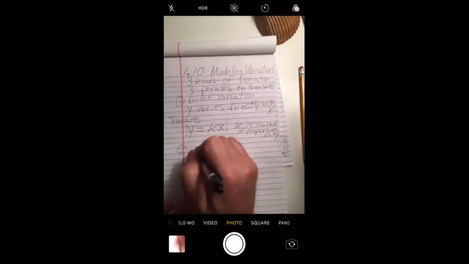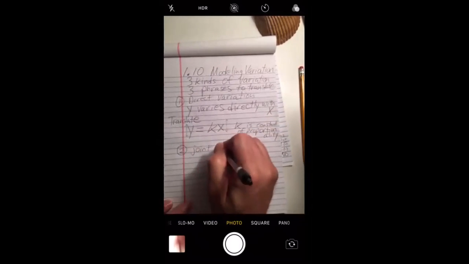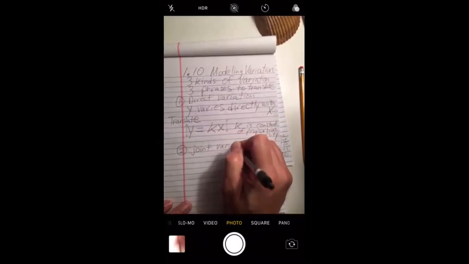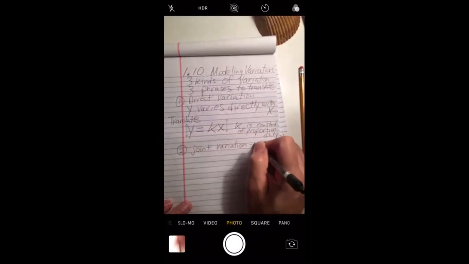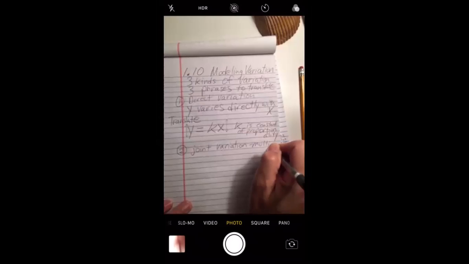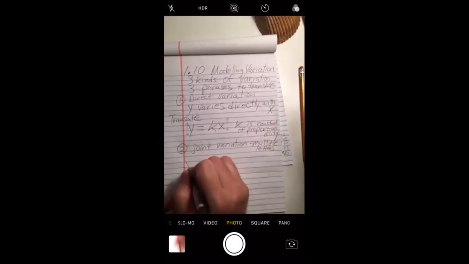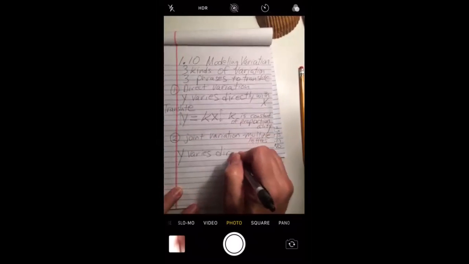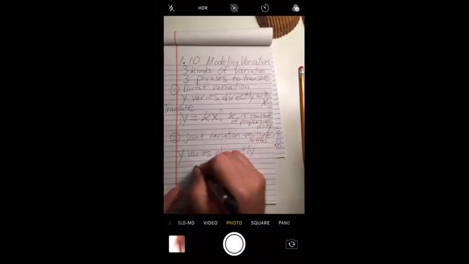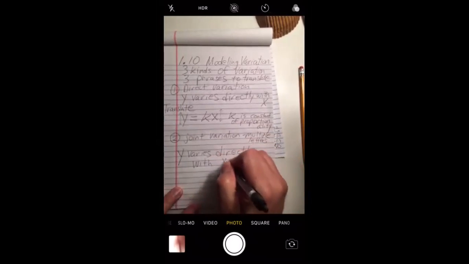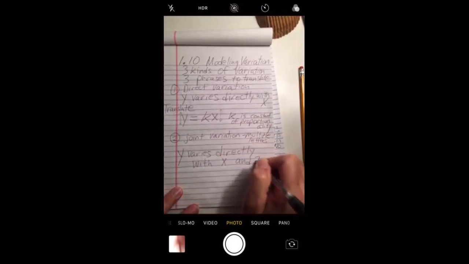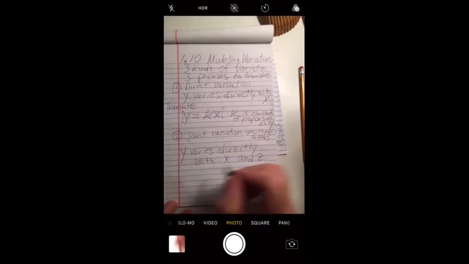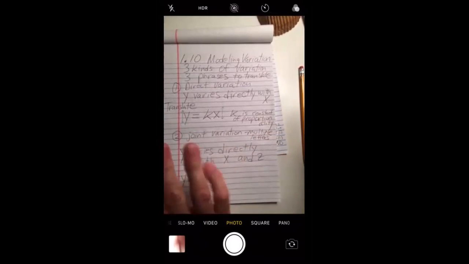Number 2 is called joint variation. And all it is is multiple letters. So they might say Y varies directly with X and a Z. You'd write Y equals K. You always write Y equals K on all of these.